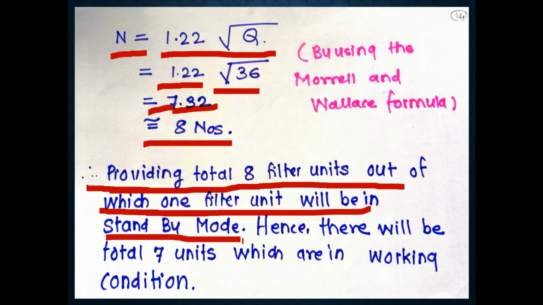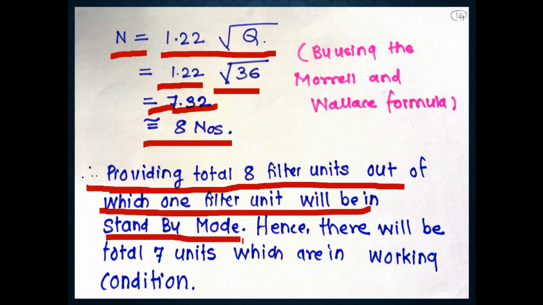Similarly, out of total 8 filter units, you have to keep at least 1 unit as a standby. Why? Because we have discussed in the slow sand filter the importance of the standby unit. Again I am repeating that if a standby unit is provided, then the flow which you have calculated does not get disturbed.